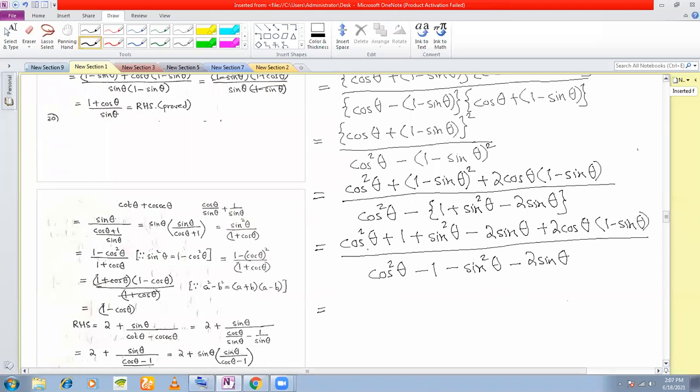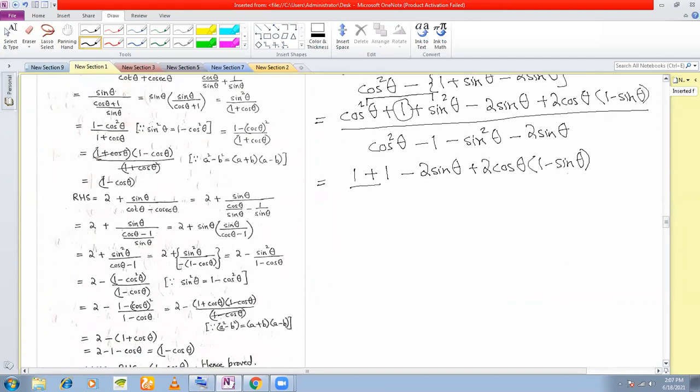Okay. Now in the numerator, if you see this cos square theta and sine square theta, they will combine to give you a 1. And you already have this 1 here. So 1 plus 1 minus 2 sine theta plus 2 cos theta into (1 minus sine theta) divided by, out here you write the denominator as it is, cos square theta minus sine square theta minus 1 minus 2 sine theta.